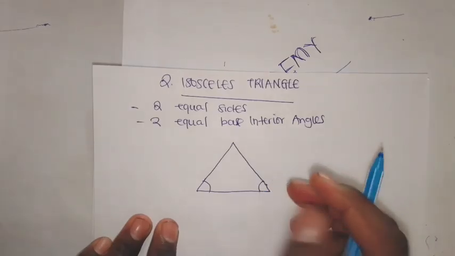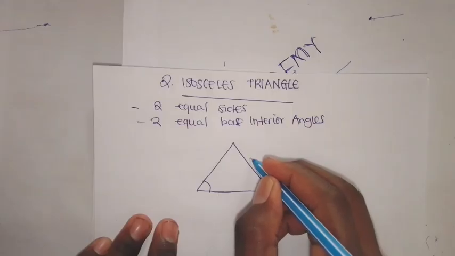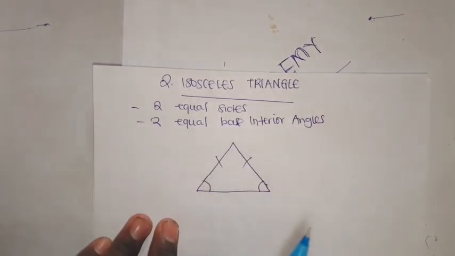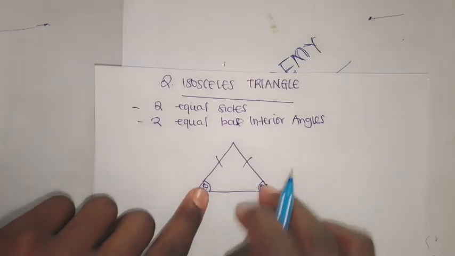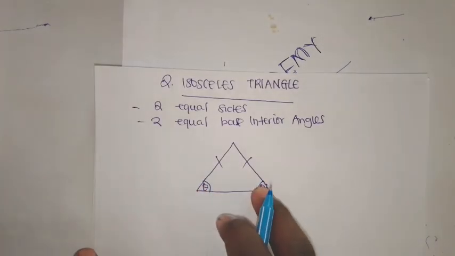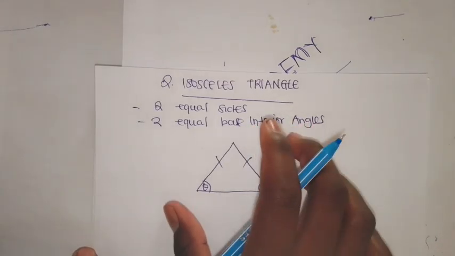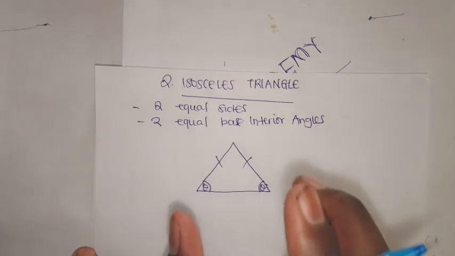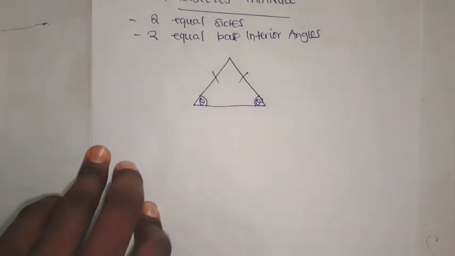To indicate that these are equal, you see something like this to show that these two are equal. Then even theta here is equal to this one. So here we have nothing much to say. Let's just go to the next triangle.